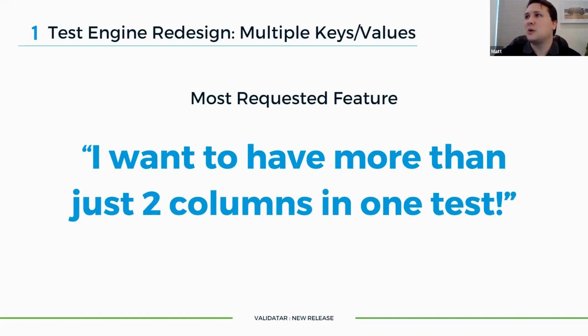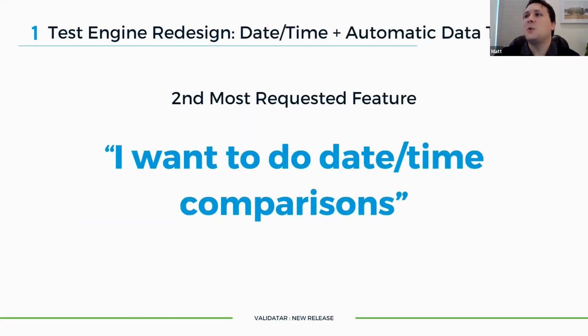The second most requested feature that's also part of this redesign is we want to do date and time comparisons. Historically, we have supported string and numeric as our comparison data types, but now we also support date time. So these are two huge changes to the basics portion of the engine, and we're really excited about that.